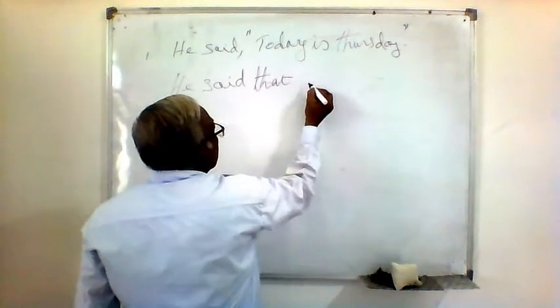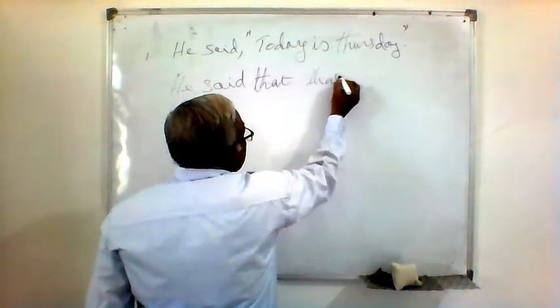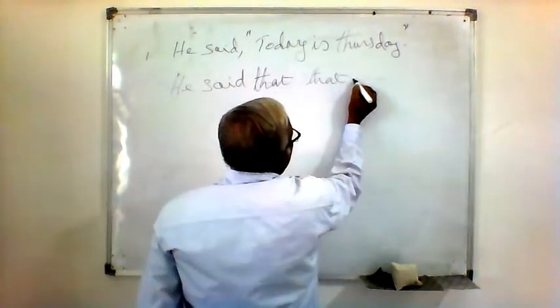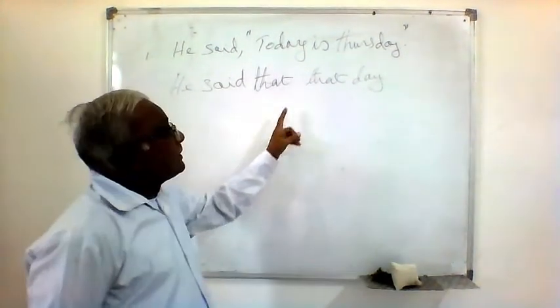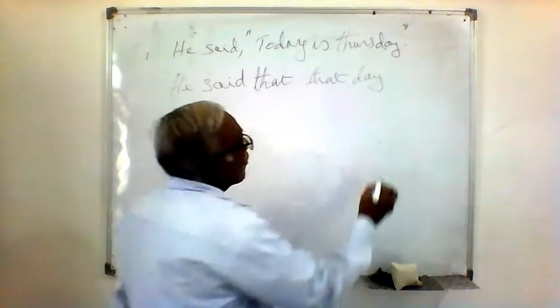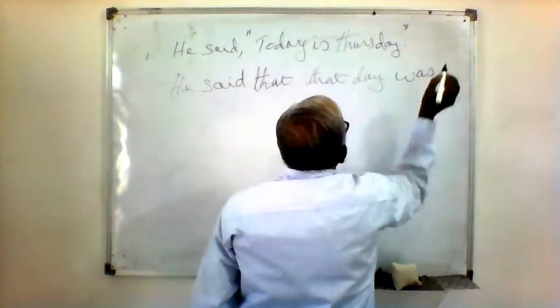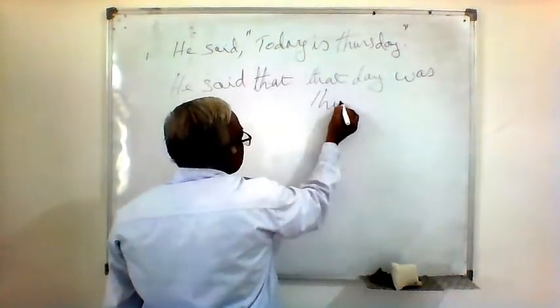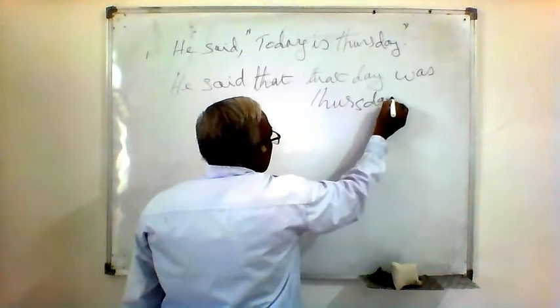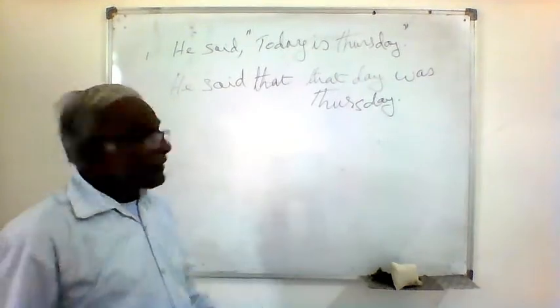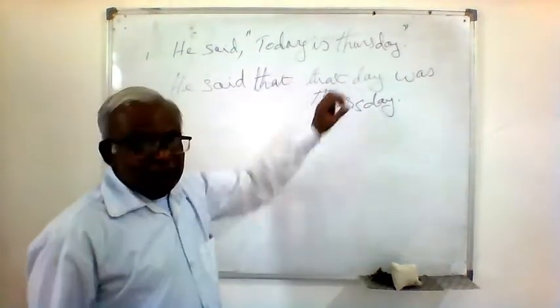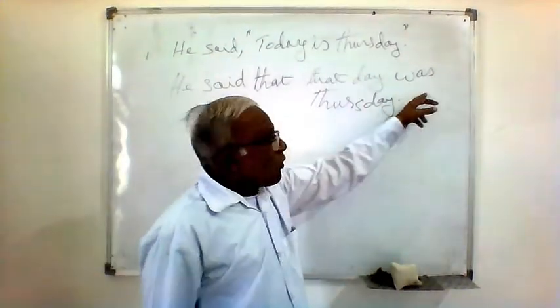Therefore, the today becomes again that day. He said that that day was Thursday. Look at it very carefully. Every word of nearness, today became that day, is became was.